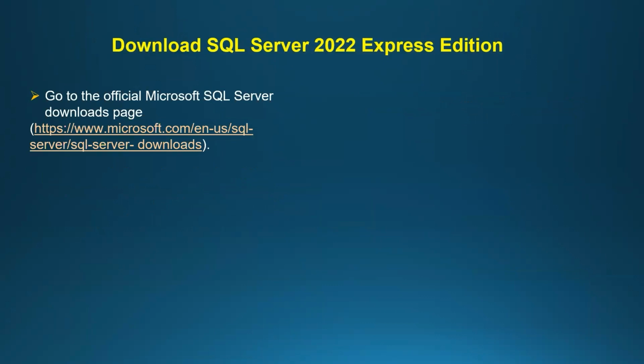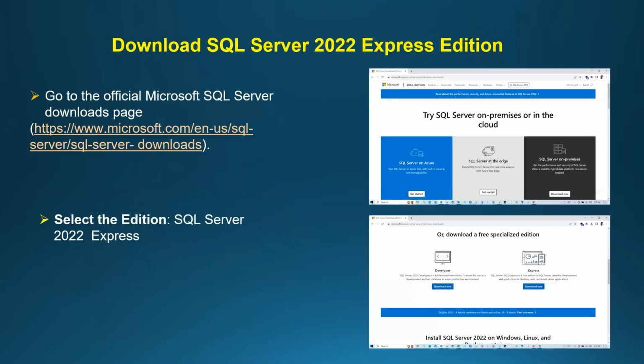Alright, so next we go to the official Microsoft SQL Server download page where you can see the URL I have provided, and then select the edition SQL Server 22 Express. It's going to look like this page on the right side, and then we're going to download the Express Edition.